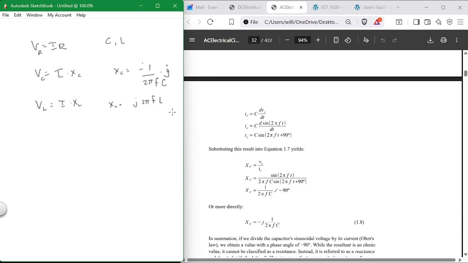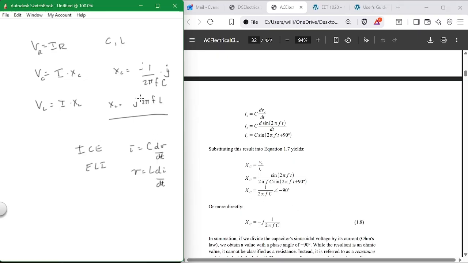These are two things that you're going to have to just kind of learn. Now, why is that the case? Well, he explains it to you. Basically, ICE and ELI: I equals C dV over dt, voltage is equal to L di over dt. If you take the derivative of the sine, you get whatever, all that kind of stuff, and there it is.